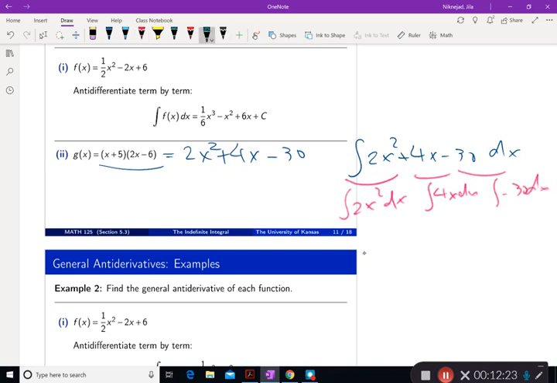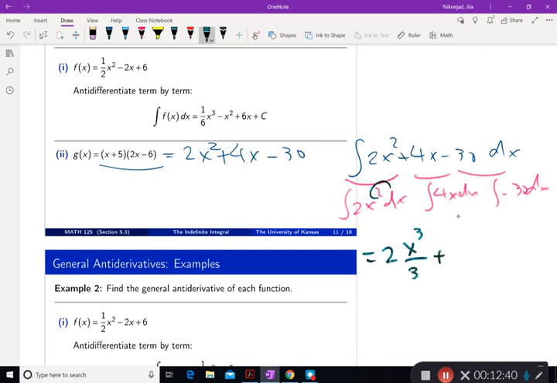And so for the first term, 2 is the coefficient, then x, we're undoing the derivative, so I have to raise the exponent to 3 and divide by 3.